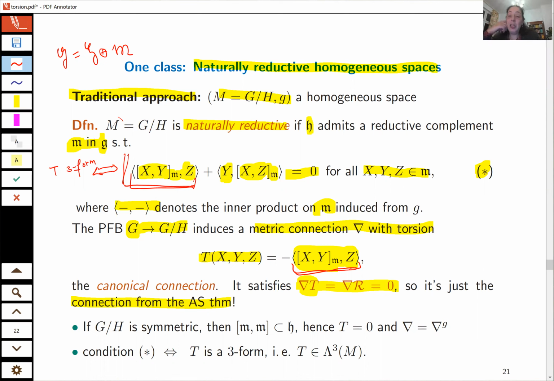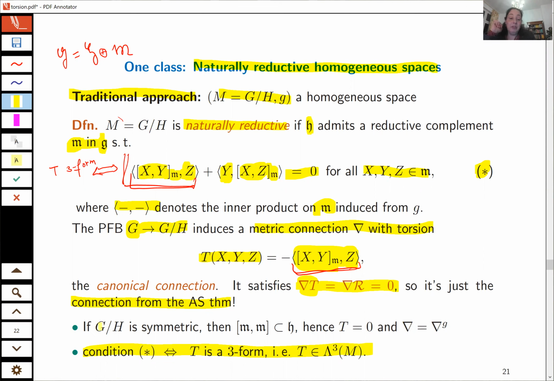So we see that naturally reductive homogeneous spaces, by this Ambrose-Singer approach, correspond to one algebraic type of torsion. I repeat it down here: the condition star just means T is a 3-form. So we have one of the three types of homogeneous spaces here.